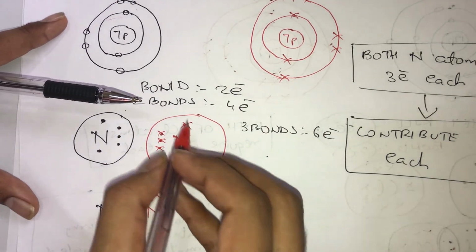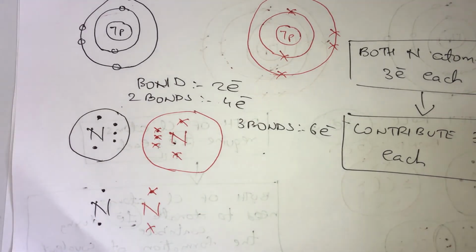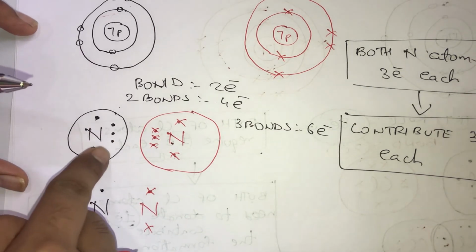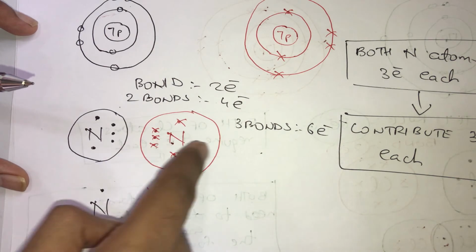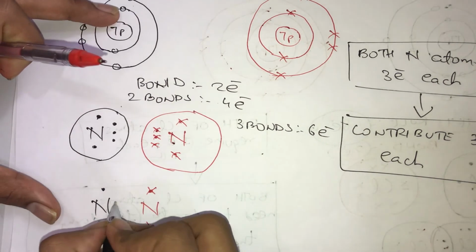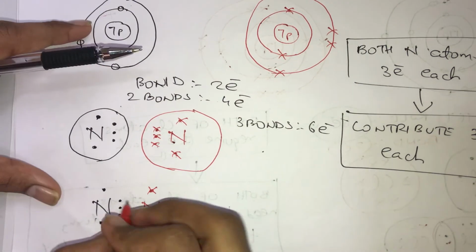Now as mentioned earlier, they both are going to contribute 3 electrons. These 3 electrons are being contributed by this atom, and these 3 electrons are being contributed by this atom. So this is how they are going to contribute 3 electrons.